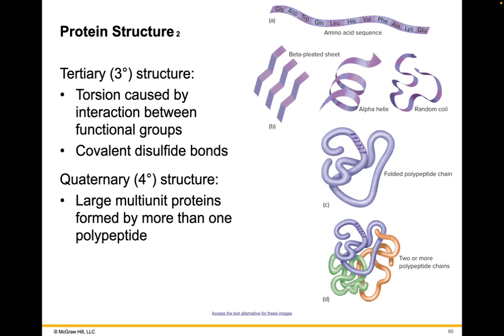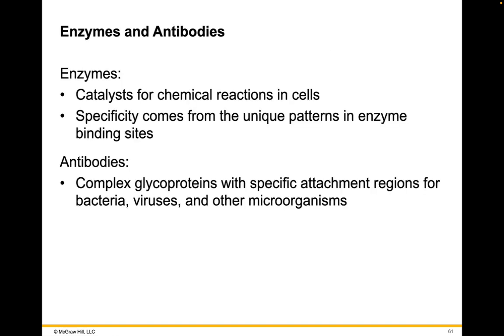It can be polar interactions and nonpolar interactions. It can be covalent bonds. It can be disulfide bridges, ionic bonds, van der Waals forces, hydrogen bonding, everything to make this a specific shape. And only proteins that are made of more than one of these have what we call quaternary structure, and it's their R groups interacting with R groups on a different polypeptide chain. So again, all those types of bonds are used to hold it together.